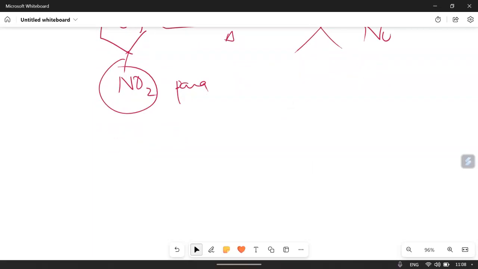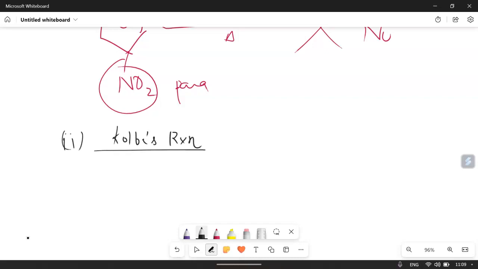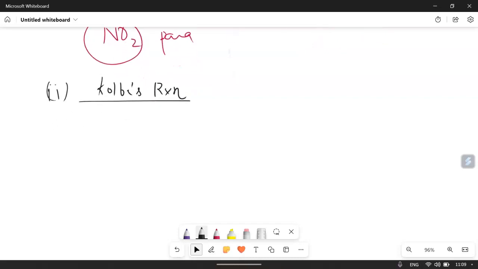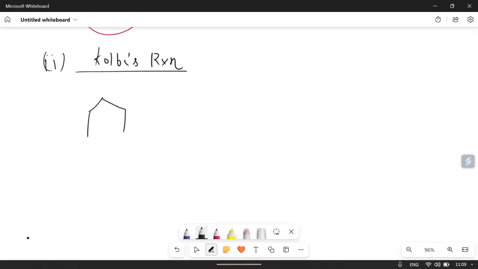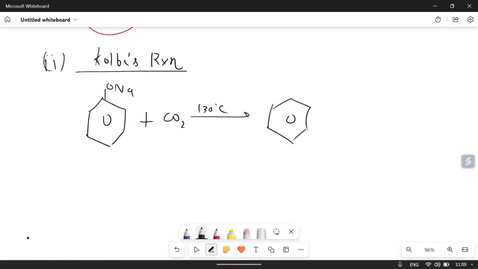Next reaction which we are going to discuss is Kolbe reaction, Kolbe's reaction. And this would be the last reaction of today's lecture. So watch carefully. You have phenoxide ion treated with CO2 at 130 degrees Celsius, at 6 to 7 atm pressure basically. It will form an intermediate, COONa.